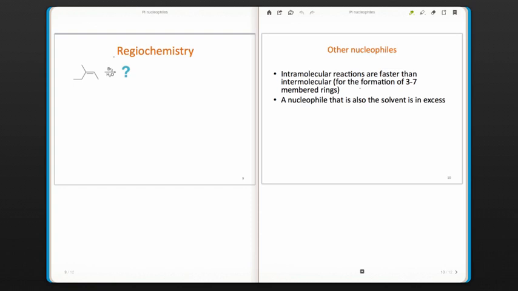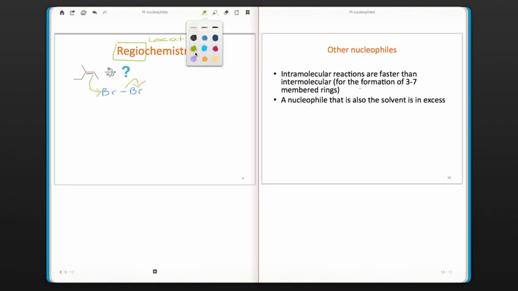Now what about the regiochemistry of the reaction? When we say regio, we're talking about the region or location of reaction. Well, the first step of the reaction is exactly the same. That is to say, we have initial attack of the alkene onto the bromine, and the lone pair on the bromine comes back to either of the carbons of that alkene.